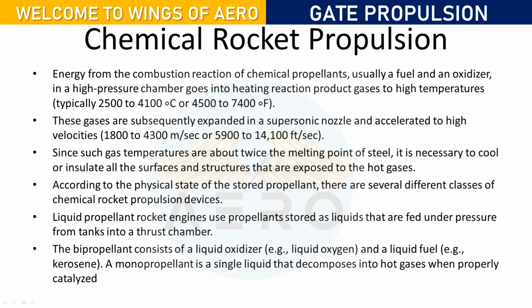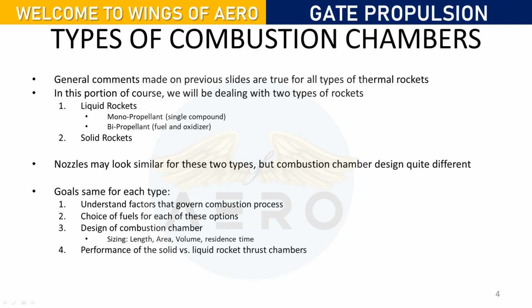Now let's look into the advantages of a monopropellant. If a single propellant can serve the purpose of both fuel and oxidizer, then your gross weight will be reduced, because you don't need to carry separate tanks for the fuel and the oxidizer, which would make for very complex systems.